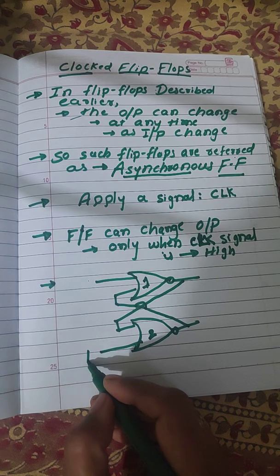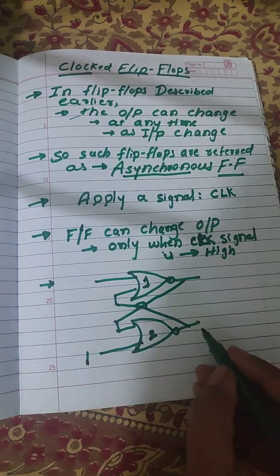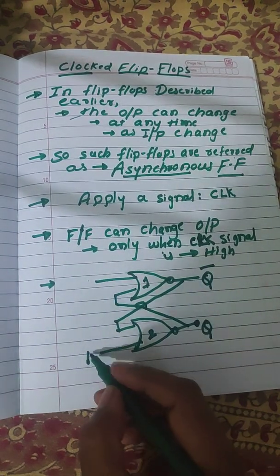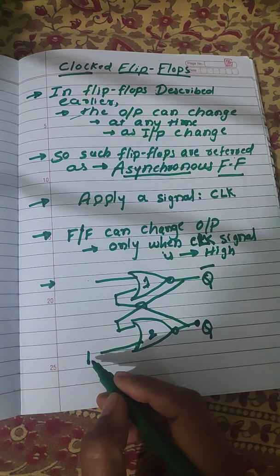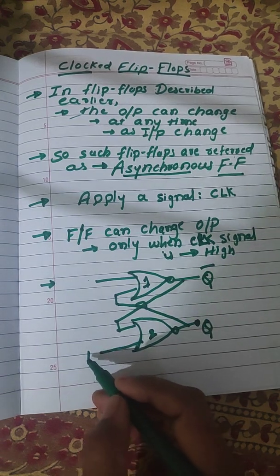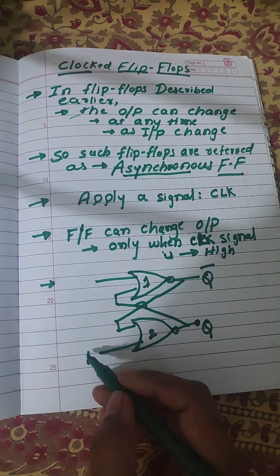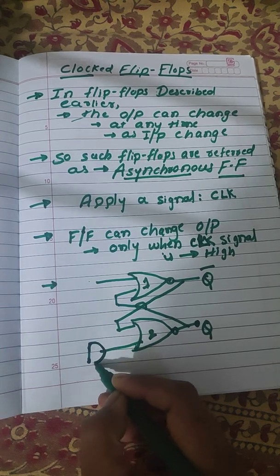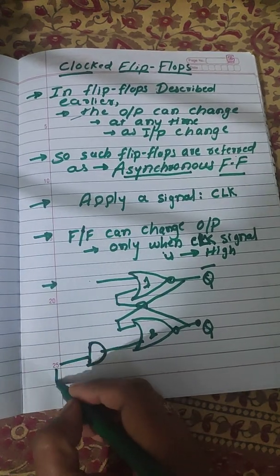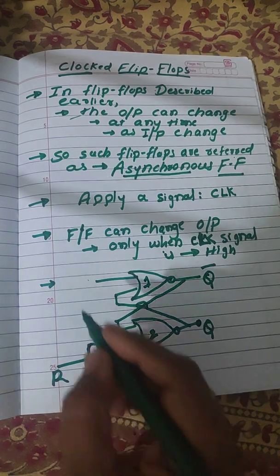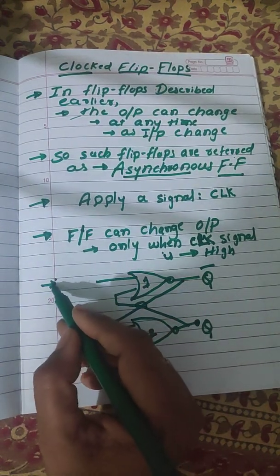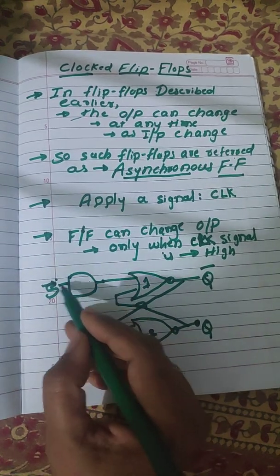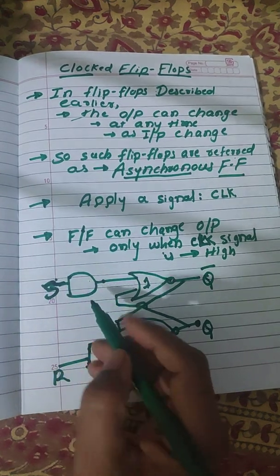Now, this we were referring to as Q, and this was Q bar. Now what we are going to have is that R is not directly fed to the circuit, but via an AND gate. Similarly, the S signal is also not fed directly; it is fed through an AND gate.